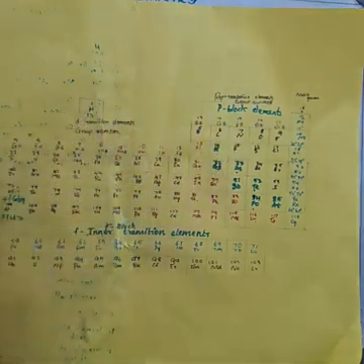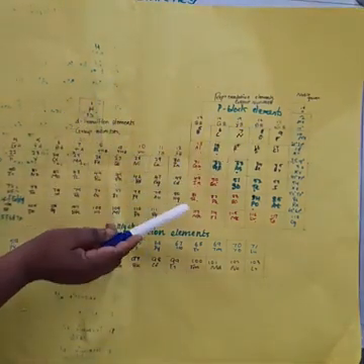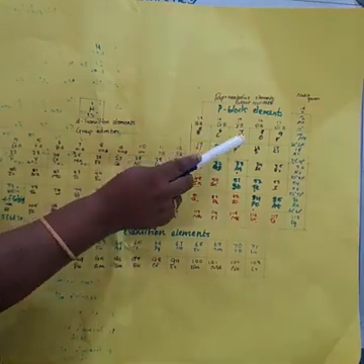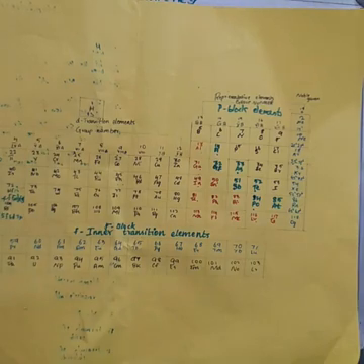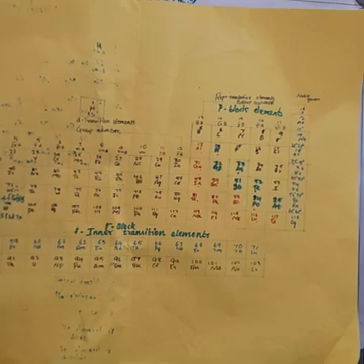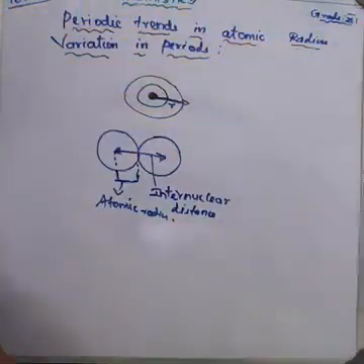So is the size of the oxygen atom bigger than the nitrogen atom, smaller than the nitrogen atom, or equal to the nitrogen atom? Let us try to answer this question.